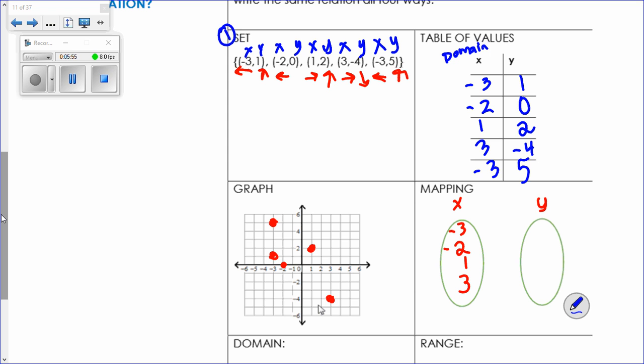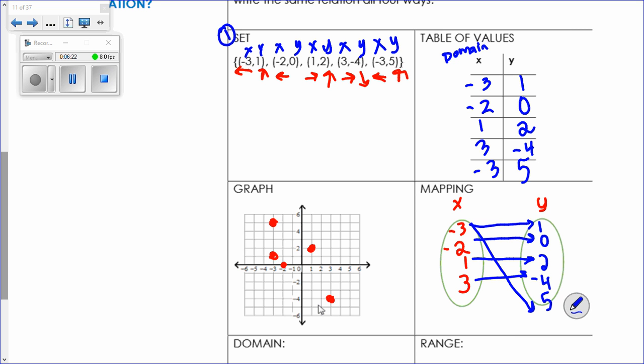And on the other side for my y values, I have 1, 0, 2, -4, and 5. Well, -3 maps to 1, and it also maps to 5. -2 maps to 0, 1 maps to 2, and 3 maps to -4.